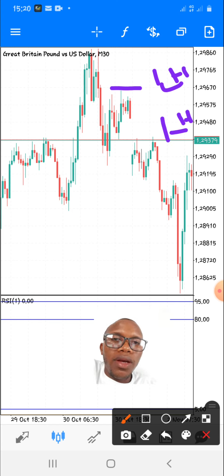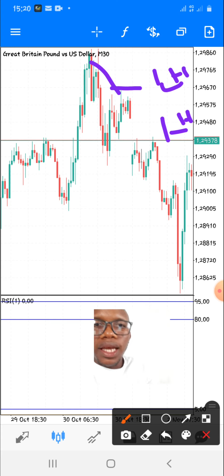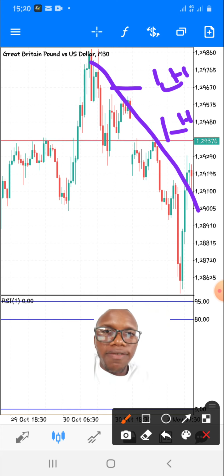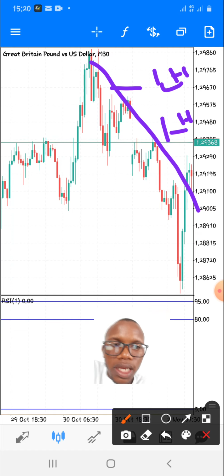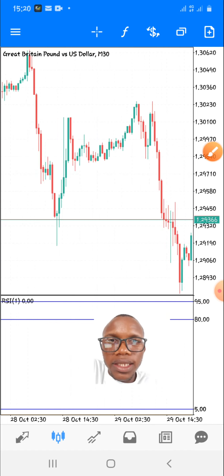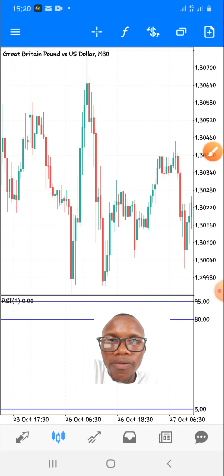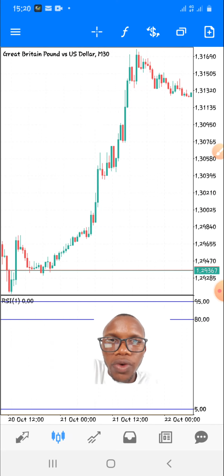So if the price has tested this level more than 3 times, it means the trend is still going downwards. Same thing applies this side. For instance, here, let me look for an uptrend.